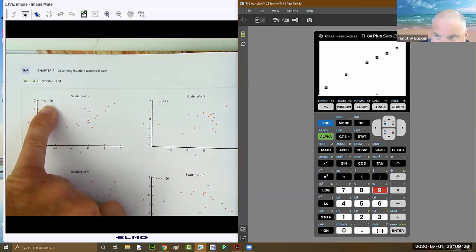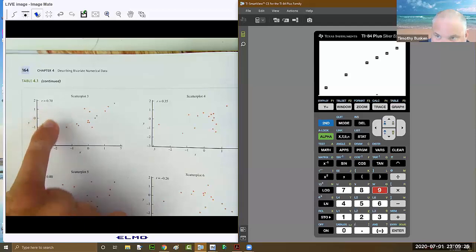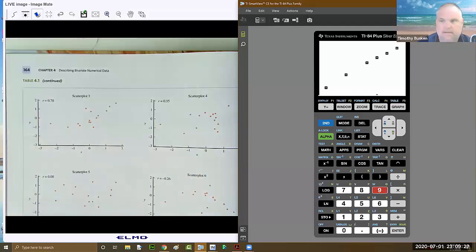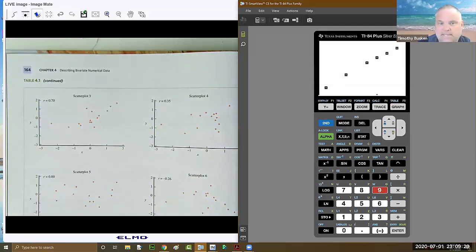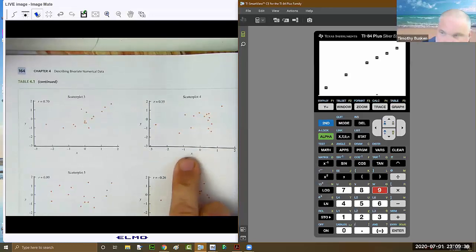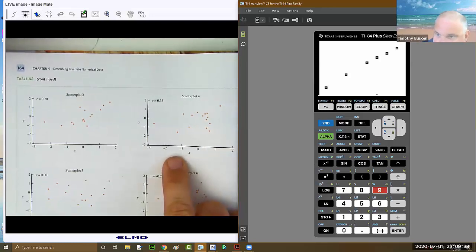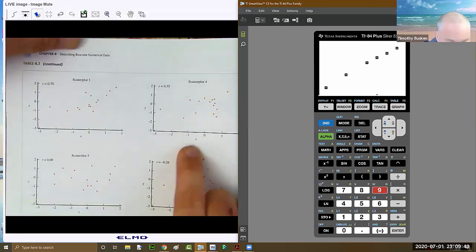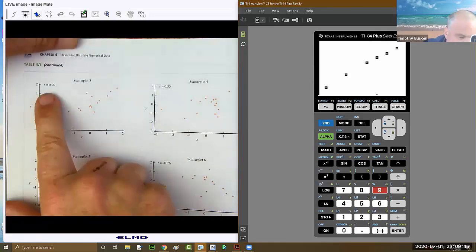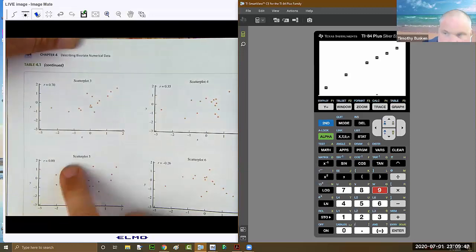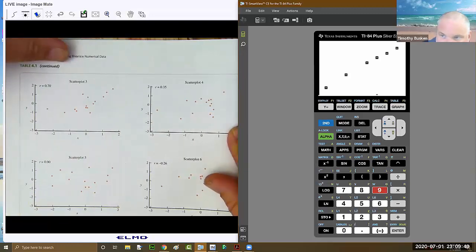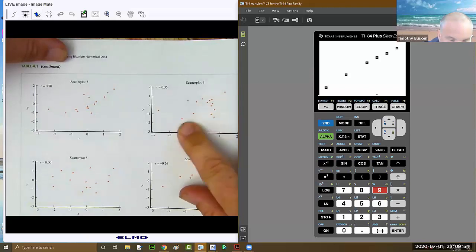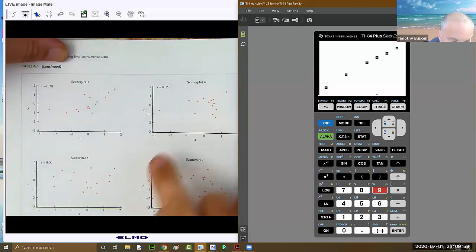So when the value of R tends to decrease, what happens? The points on the scatter plot deviate a lot more away from a best fitting line. That can also be seen with the next scatter plots, 4 and 5. You see what happens: the sequence of R values is shrinking. And of course, the scatter plots tend to look not necessarily linear.